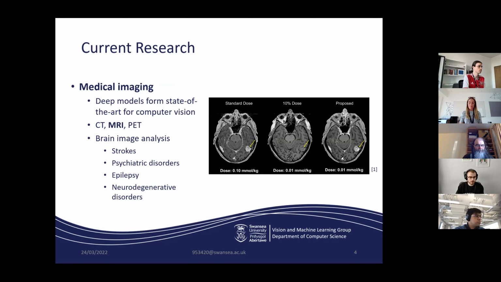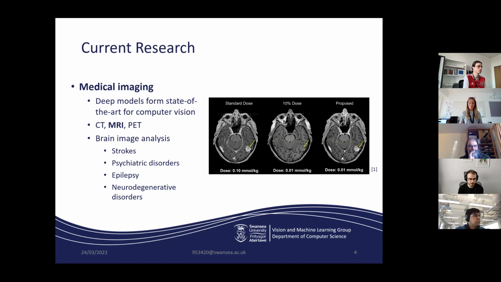The first being medical imaging. Deep models have formed the state of the art for medical imaging problems, for image analysis problems, for many, many years now. You might have seen phenomenally powerful image classifiers, and they can be applied for medical imaging.